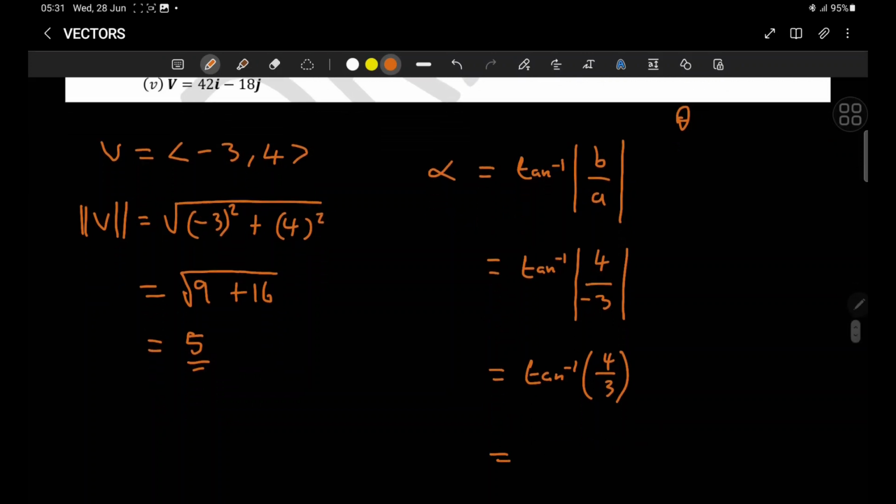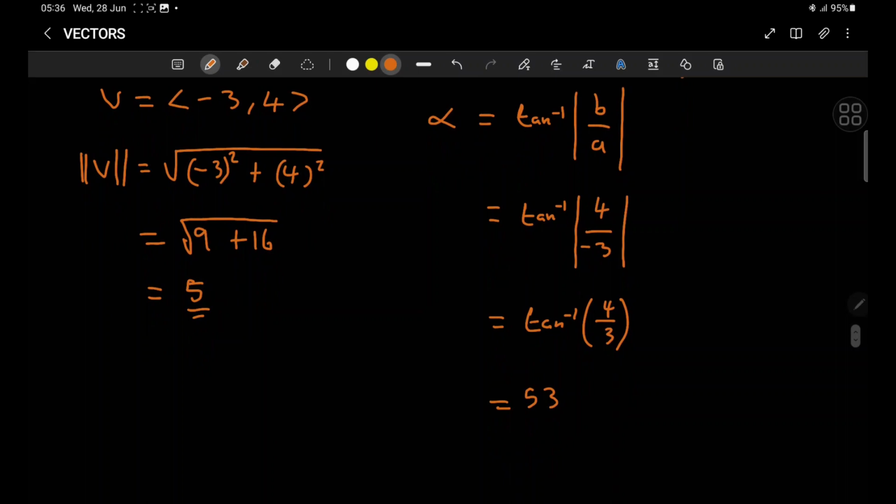So we look for tan inverse of 4 over 3. We just punch it directly in our calculator and we go for the nearest whole number. So tan inverse of 4 over 3 is 53. So this is our angle. But this is not our final angle, this is our reference angle.